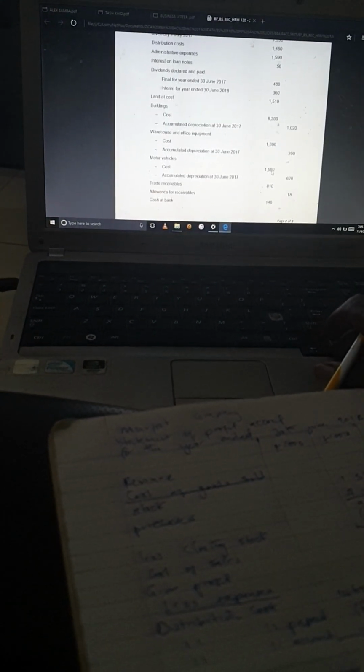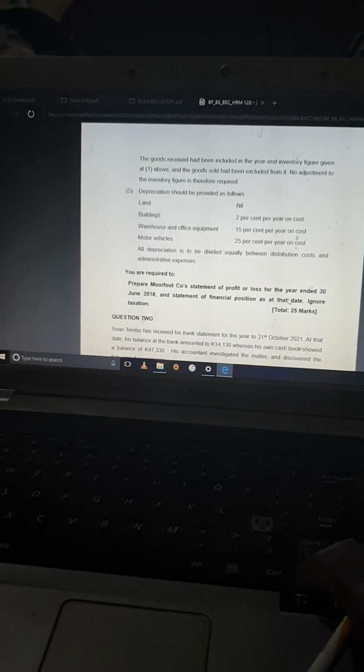Okay, next we are going to go to our depreciation. The depreciation information is indicated below. They're saying land doesn't depreciate, so no wonder the depreciation is indicated as nil there. Then for buildings, 2% per year on cost.